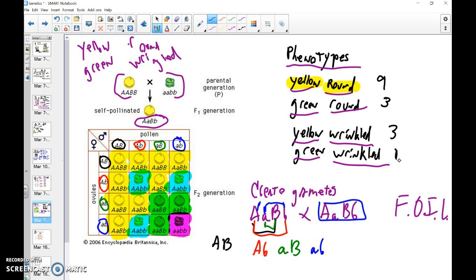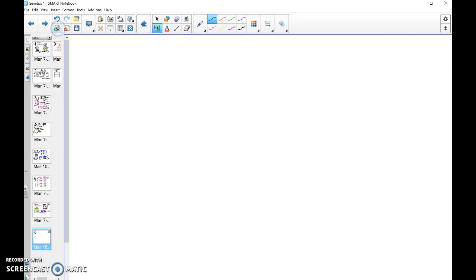All right? So this right here is known as a dihybrid cross. So all we're doing is we're looking at 2 traits at a time. The reality is that we really don't use this that much. Instead, what we like to do is what we call multiplicative probability.